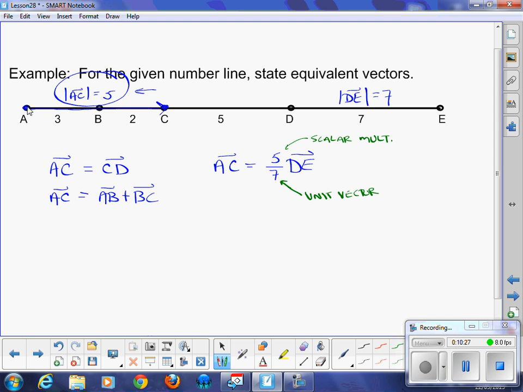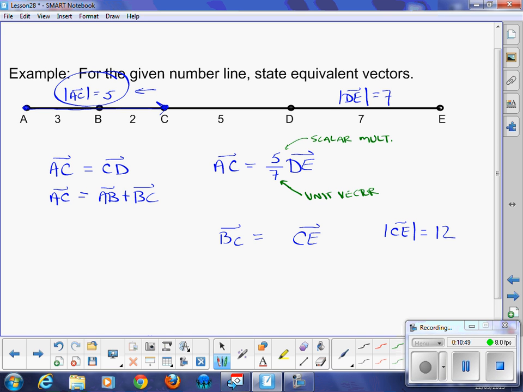All right, I'll do another example here. What happens if I want you to make this expression true? What happens if I want you to make BC equal to CE? Well, the magnitude of CE is equal to 5 plus 7, it's 12 units.